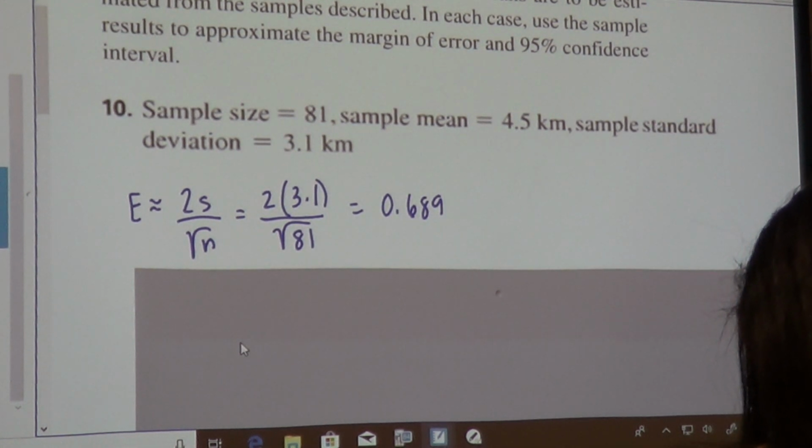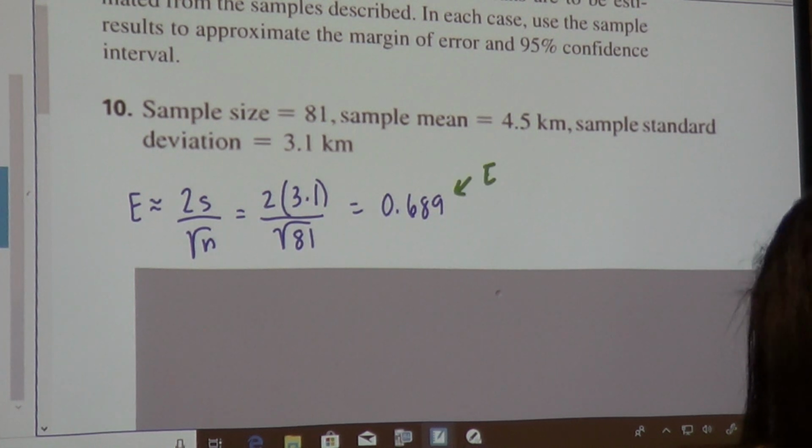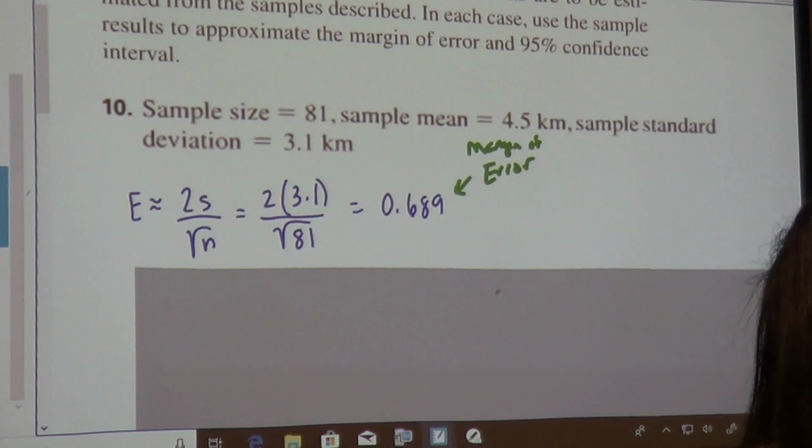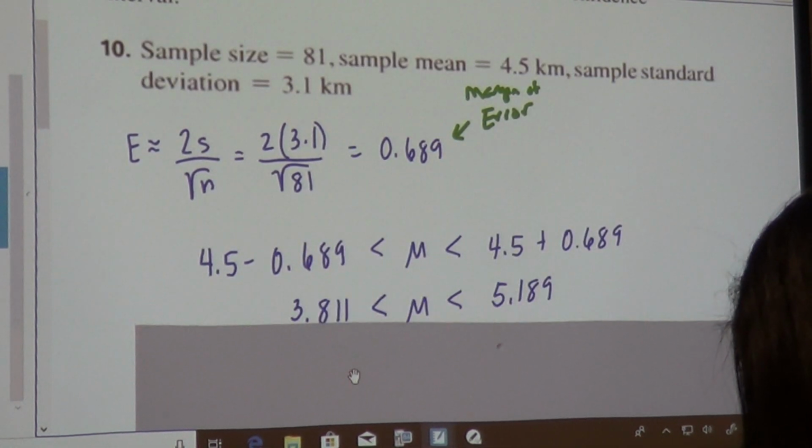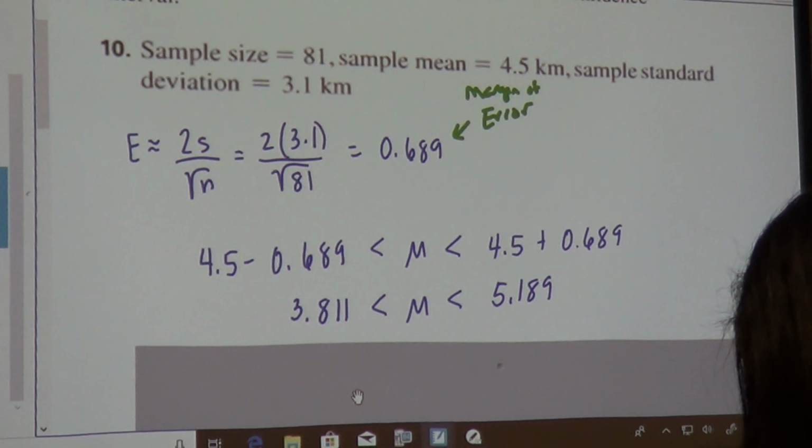And what am I going to wiggle off of? So this is my margin of error. What am I wiggling off of? 4.5.